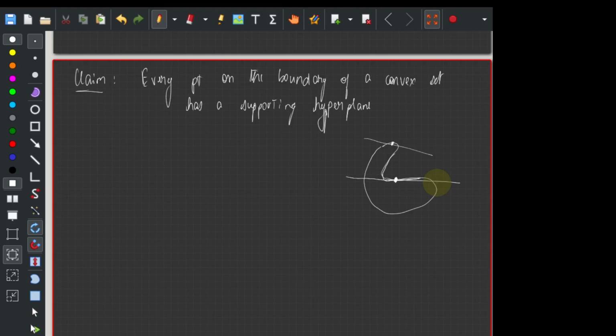So for these points, there is no supporting hyperplane. But for all the points, let's say on this side, there's a supporting hyperplane. But the claim is that if the set is convex, then at every point on the boundary there is a supporting hyperplane.